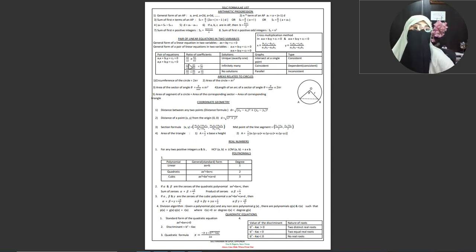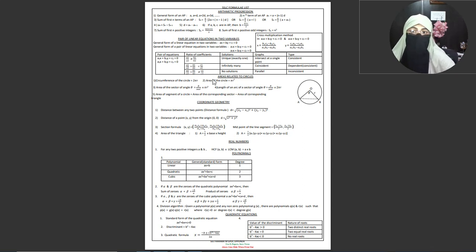If a1 by a2 is not equal to b1 by b2, then the solution is going to be unique, that means only one answer. The graph will always intersect at one point and the type will be consistent. Very important tabular column for the students, as questions will be asked from this table only.